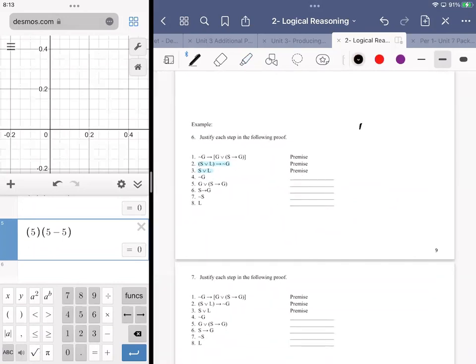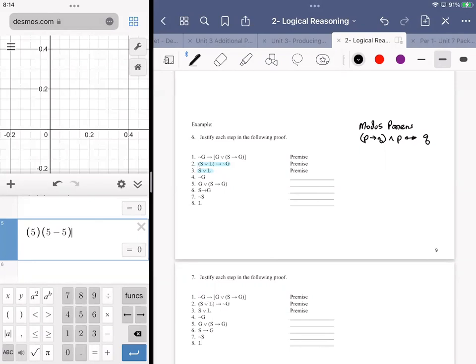Now, modus ponens tells us that if you have P implies Q and also a P, that's the affirming, then the result is going to be, it's basically the law of detachment. We're affirming the premise, so the conclusion would be true. That's like saying, if I do my homework, then I will pass the test. I did my homework, so what would you expect to happen? You'd expect to pass the test, right?